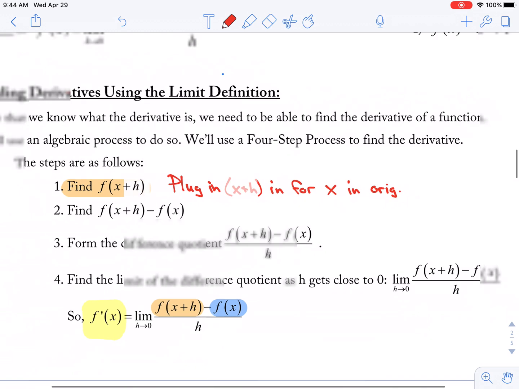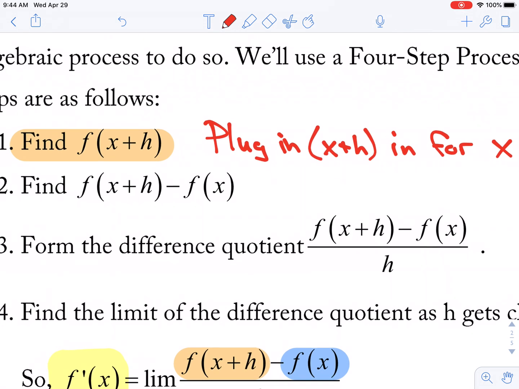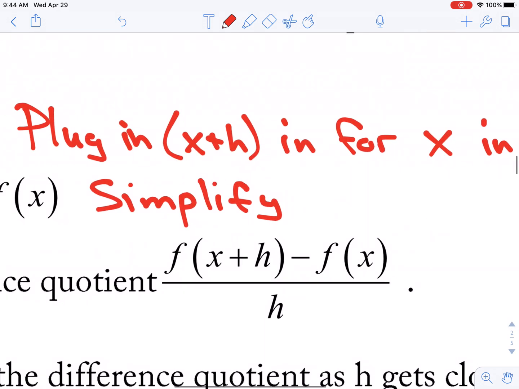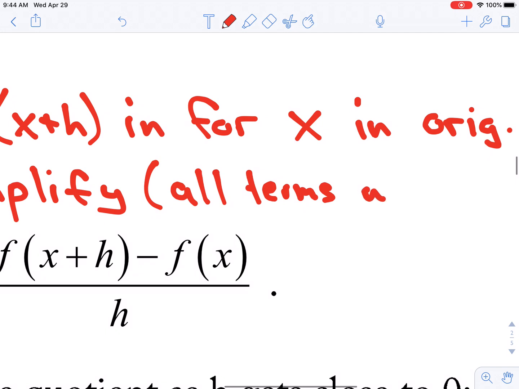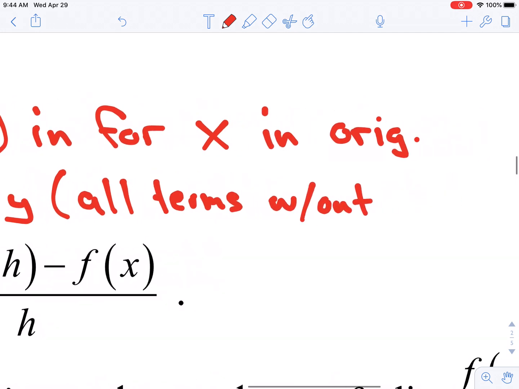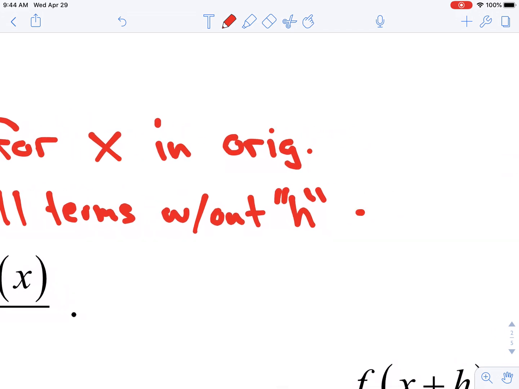After that, we're going to finish the top part of this fraction, which means we're going to simplify what f of x plus h minus f of x is. Now what should happen here is all terms without an h should cancel. And you'll see what I mean when I talk about that.